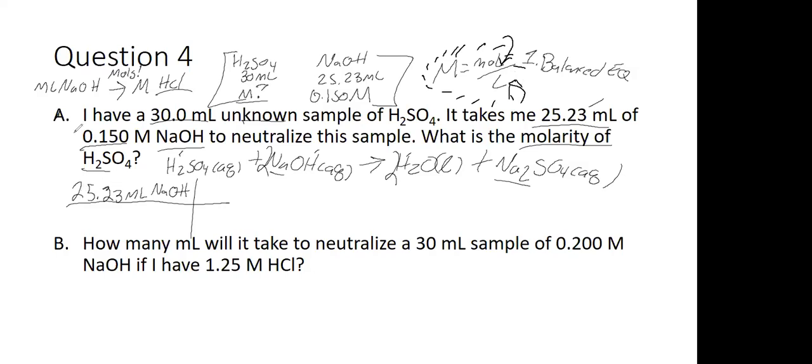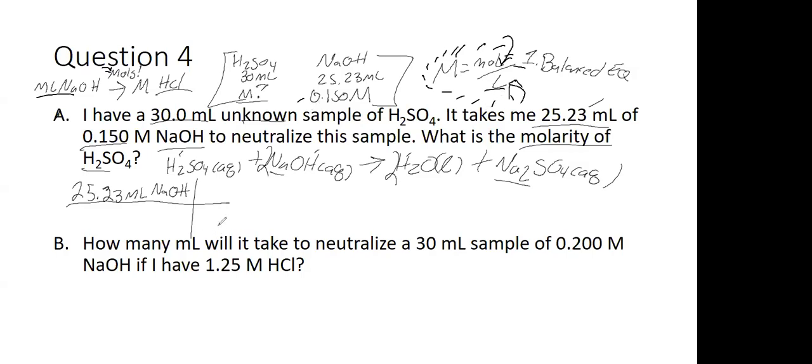So if I start with a volume and I know I need to go to moles, the way to convert between a volume and moles is molarity. And I'm given a molarity. Now, the only issue here is that my volume is in milliliters, molarity is in liters.